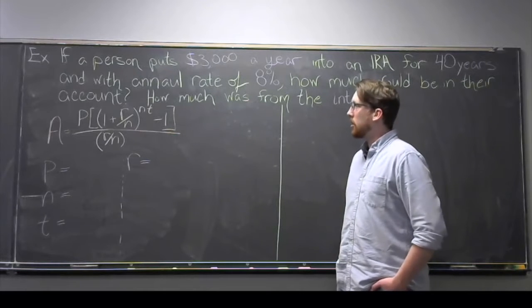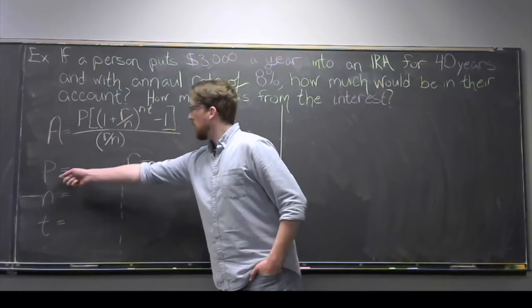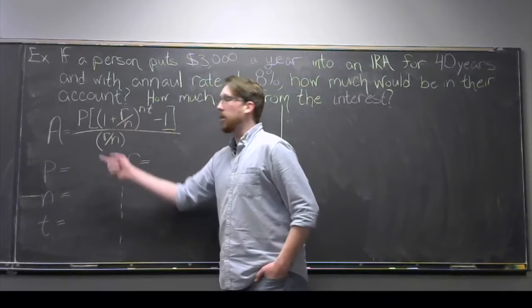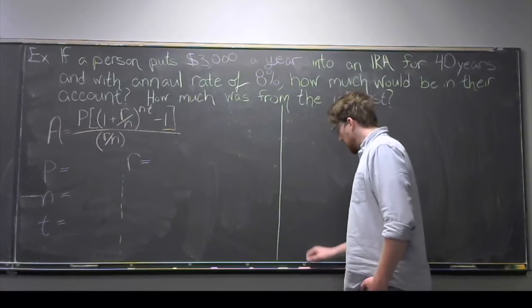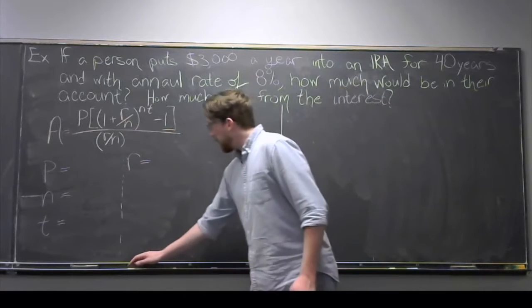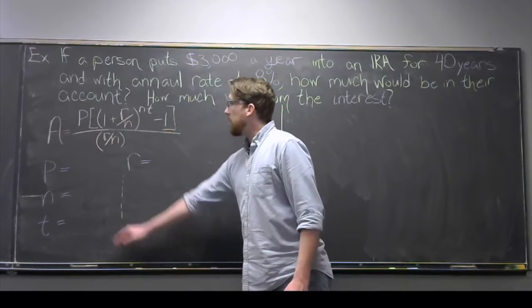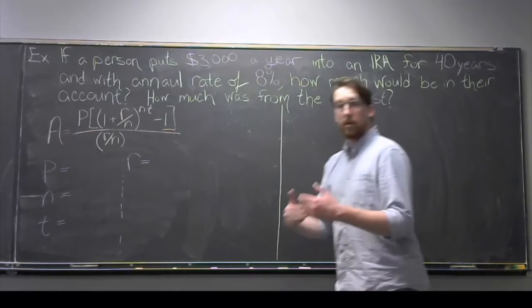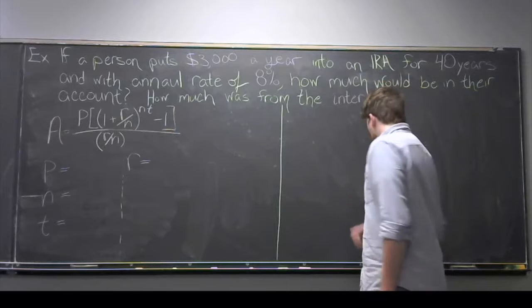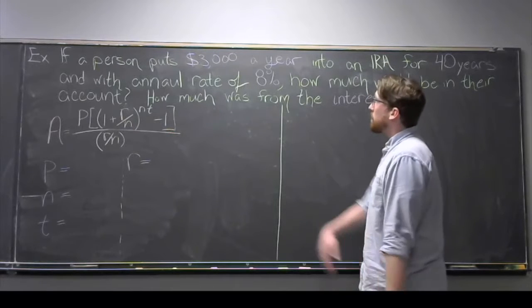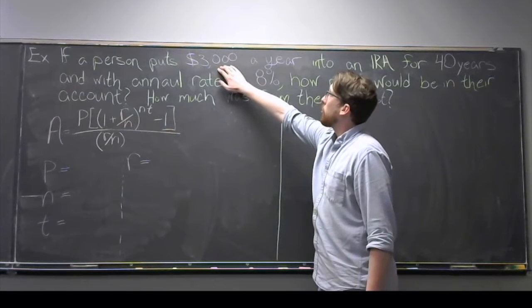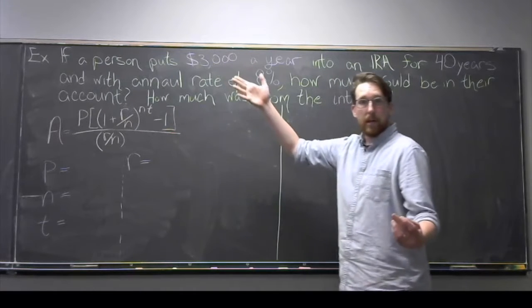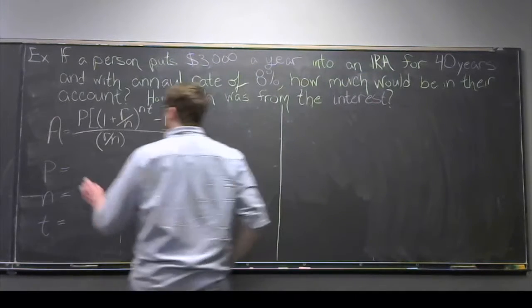To start, we need to identify which values belong to which variables. P is the amount that we put in for each payment. In this problem, we're putting in $3,000, so P is 3,000.